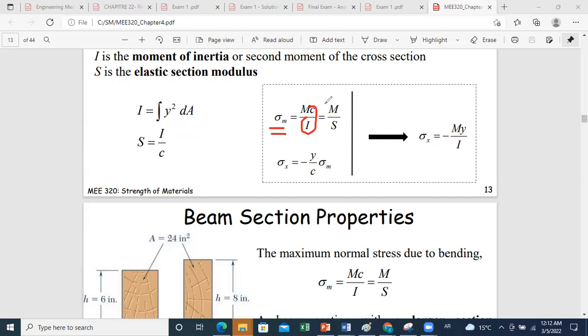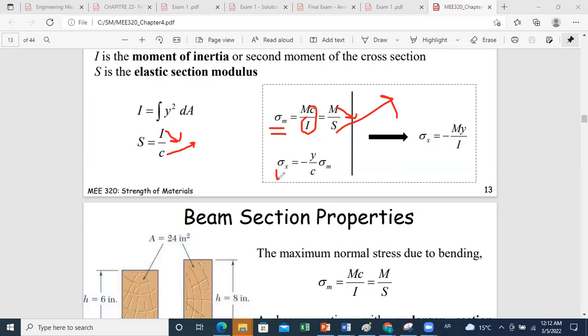You can try to decrease the bending moment, or you can try to increase S. And to increase S, you can reduce the moment of inertia, or increase the value of c, which is the farthest distance from the neutral axis.